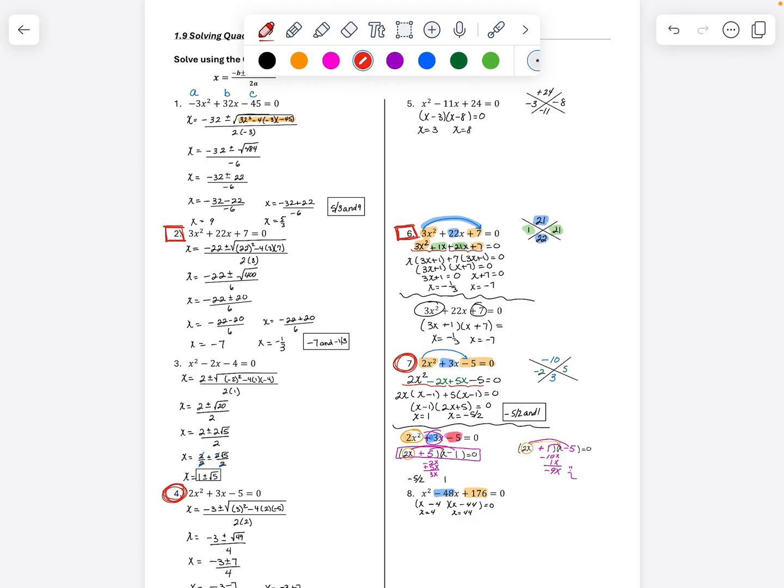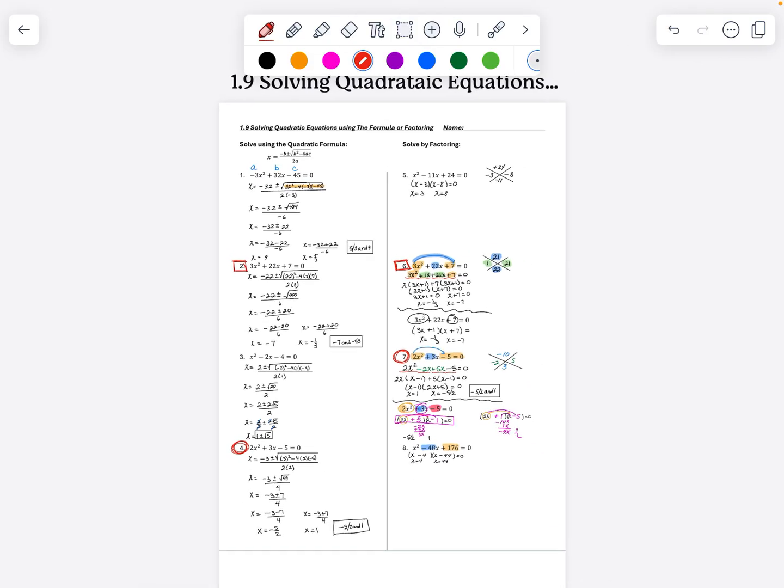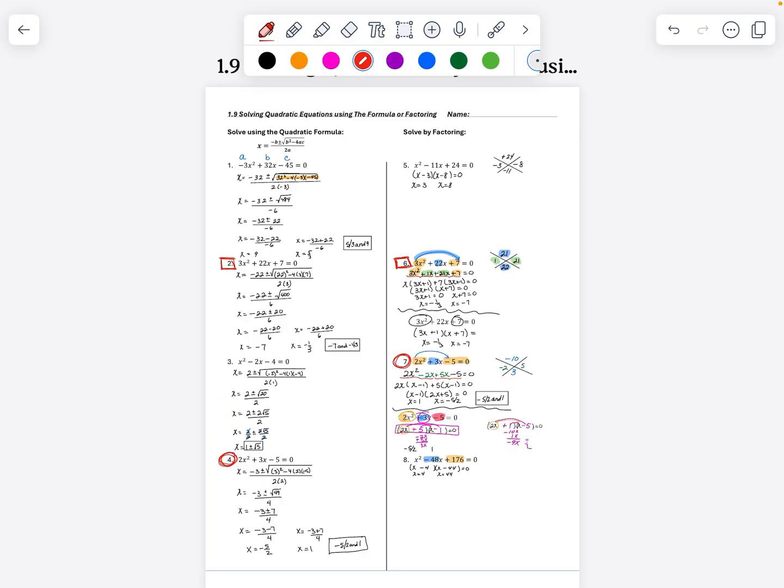If there are no such factors, then you can't factor. So guess and check and factoring sometimes will work, sometimes will not work, depending on the problem. Completing the square and the quadratic formula will work for any quadratic that you can imagine.